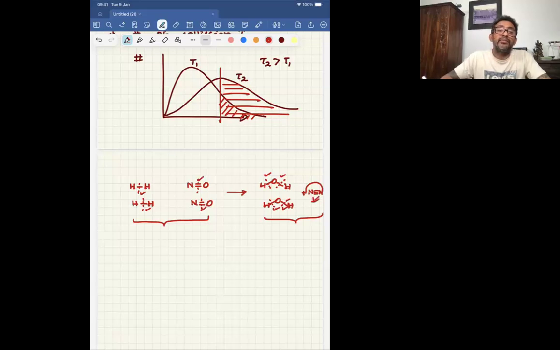So a small amount of energy is absorbed and a large amount of energy is released. Therefore, what will happen? It is an exothermic reaction. Why? Because a stronger triple bond is formed.